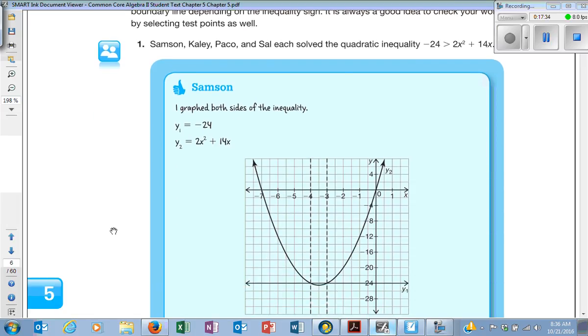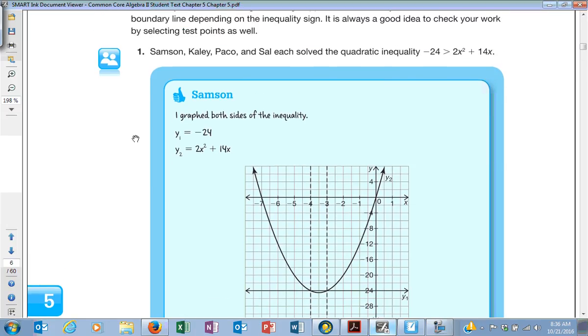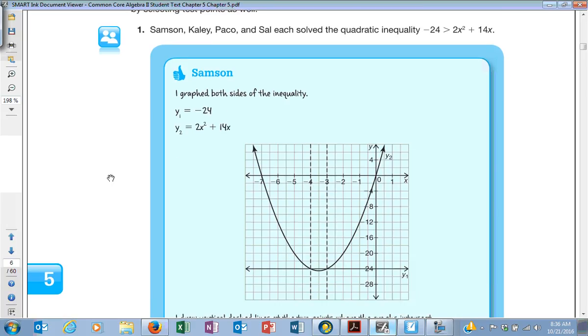Now we're going to talk about how we can use this to solve equations real quick. Do you see Samson right here did this problem one way? He said, you know what? I'm going to take this right here and break this up into 2 different sections.